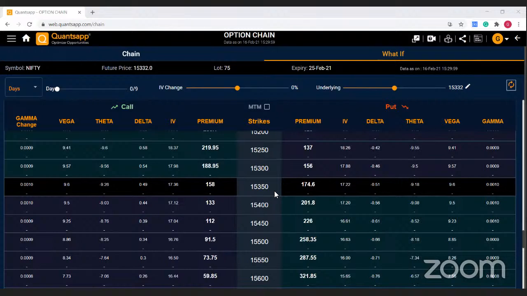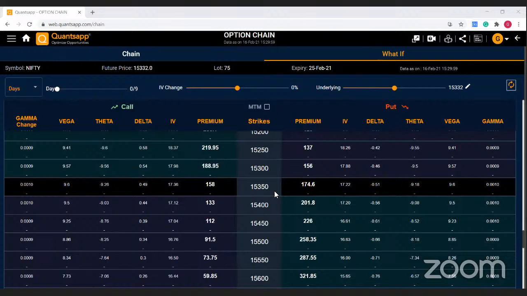So if I'm buying a call option, I'm looking for the call option prices to go up. And how call option prices go up depends on the underlying going up. So the call option property is that if underlying prices go up, call option prices also go up. So this is the basic thing.